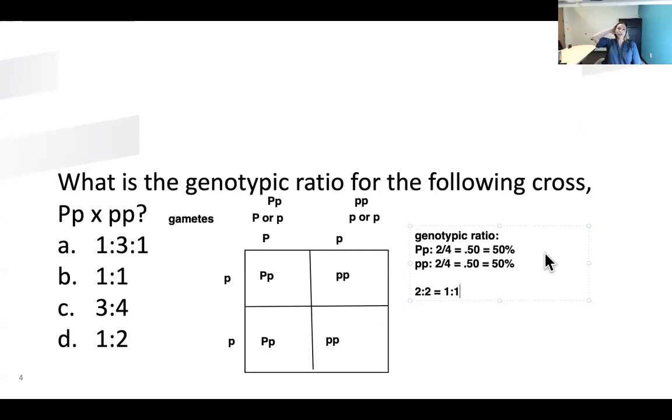So if you take 2-to-2, 2 divided by 2 is 1. Let me give you a different example of that. This is not like a real genotypic ratio you'd see, but how about a 2-to-12 ratio? Here's my smallest number, I divide it into 12, so I get a 1-to-6 ratio. So hopefully that makes sense in terms of simplifying.